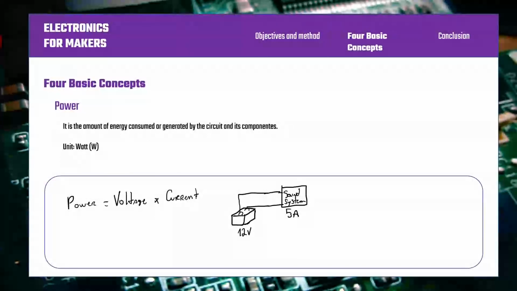So how much power does this sound system use? Well, it's very simple. Just take the voltage and multiply it by the amount of current passing through it. So this is going to be 60 watts. Pretty simple, right?